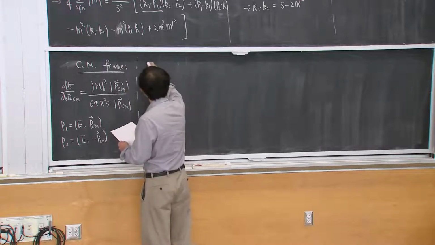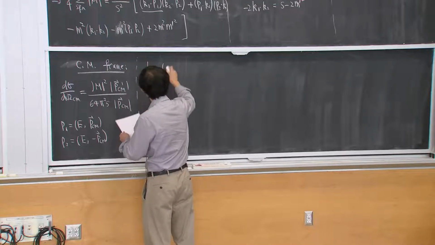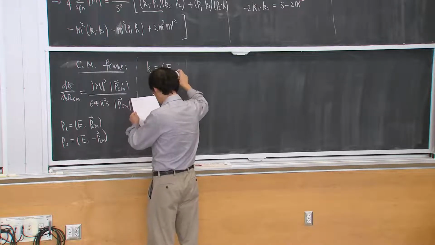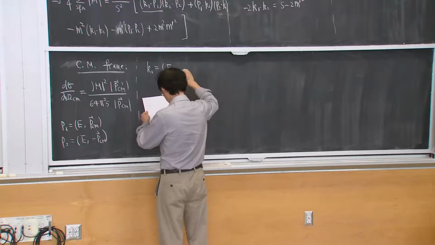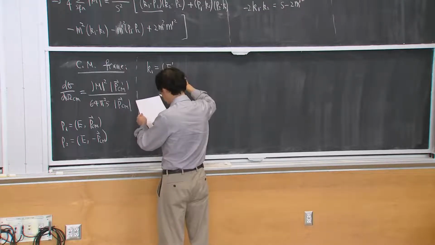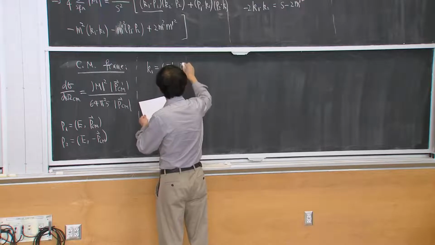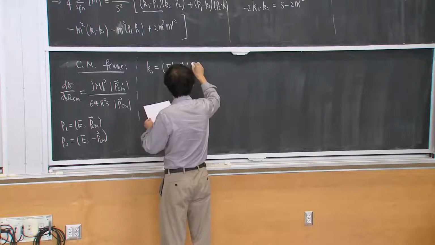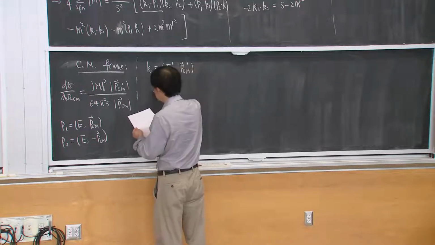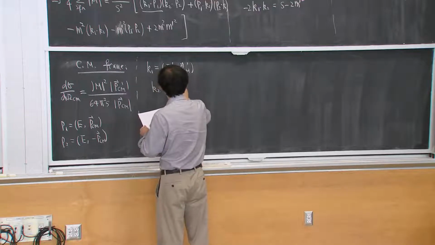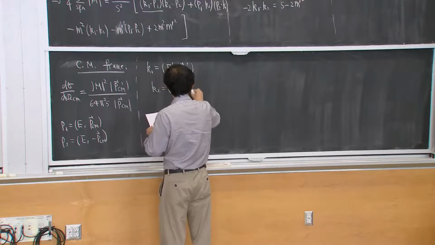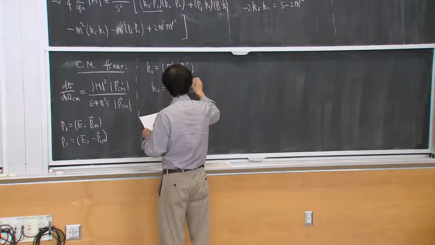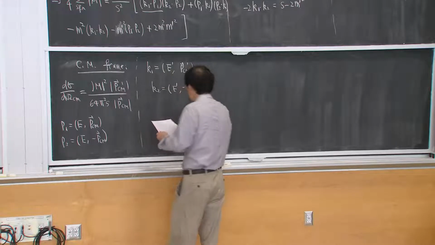Similarly, K1 would be E prime and p cm prime, and K2 would be E prime and minus p cm prime.